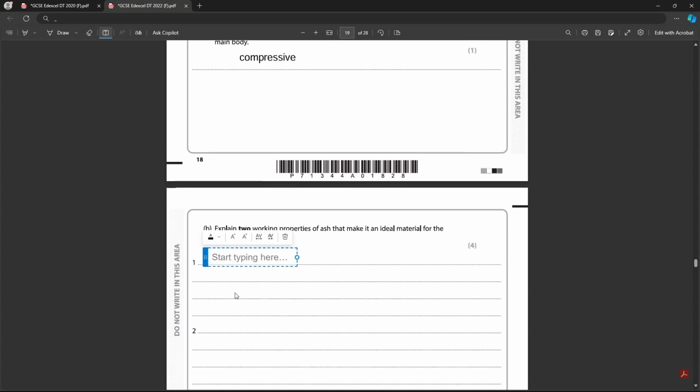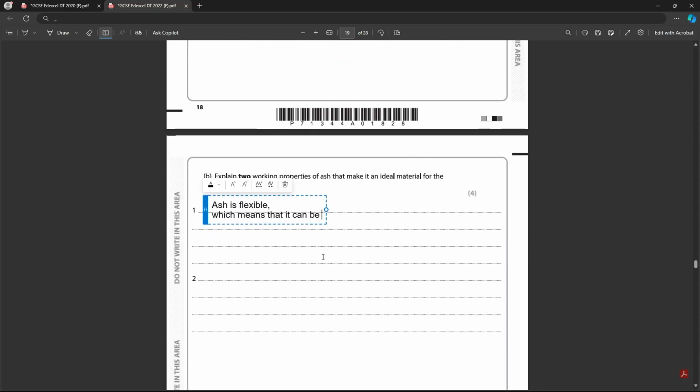So first point, we can say just ash is flexible, or ash is able to be bent. Let's say ash is flexible, which means that it can be steam bent, or just bent.